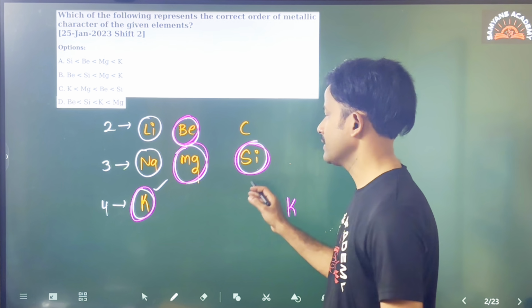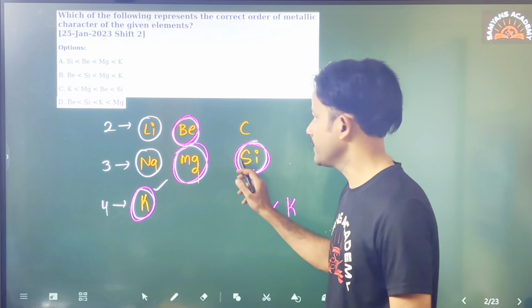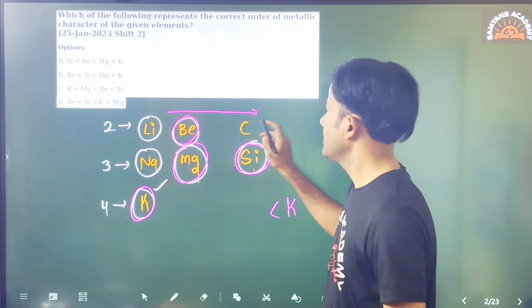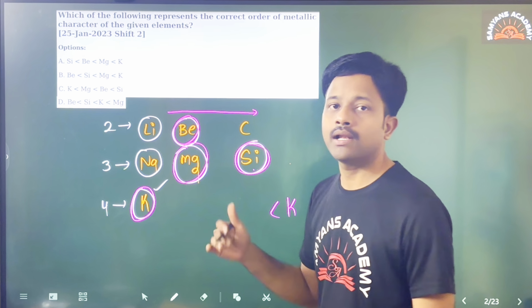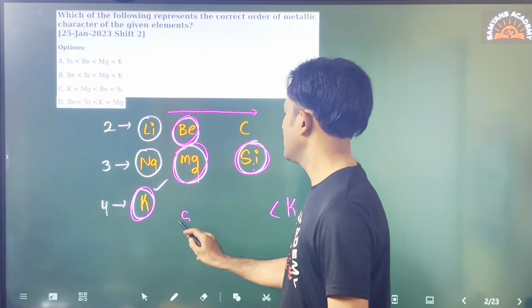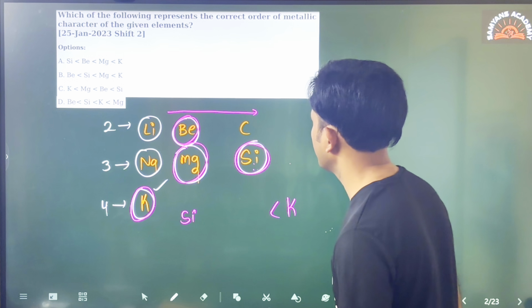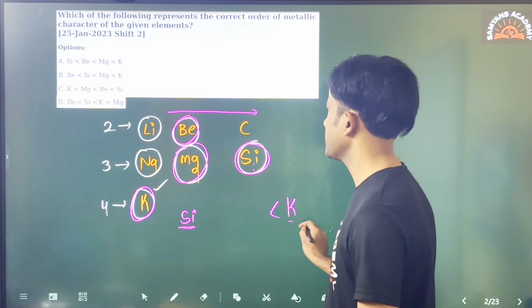So which one has less metallic character? Silicon. Why? Because across the period, metallic character decreases and non-metallic character increases. Silicon has less metallic character compared to all other elements. So silicon has to come first and potassium has to come last.